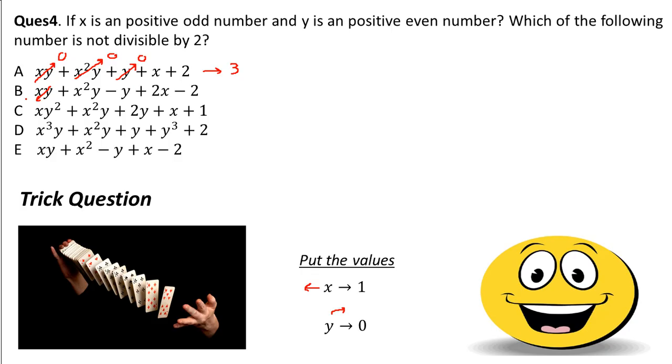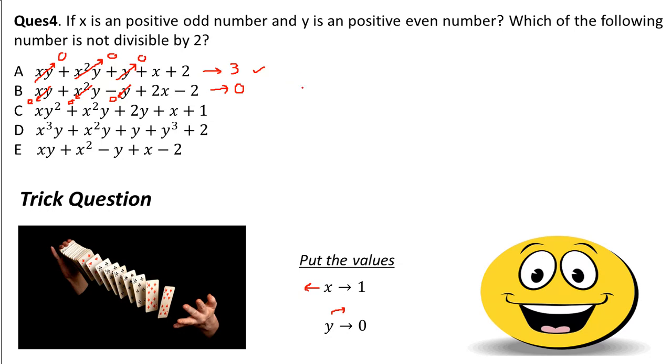Again, here this is 0, this is 0, and this is 0. Therefore, 2x minus 2 becomes 0. Similarly, you can check for the other cases. In my case, I got option choice A directly correct, but you can check for the other cases too to be sure that there is only one case and the right answer to the question would be A.